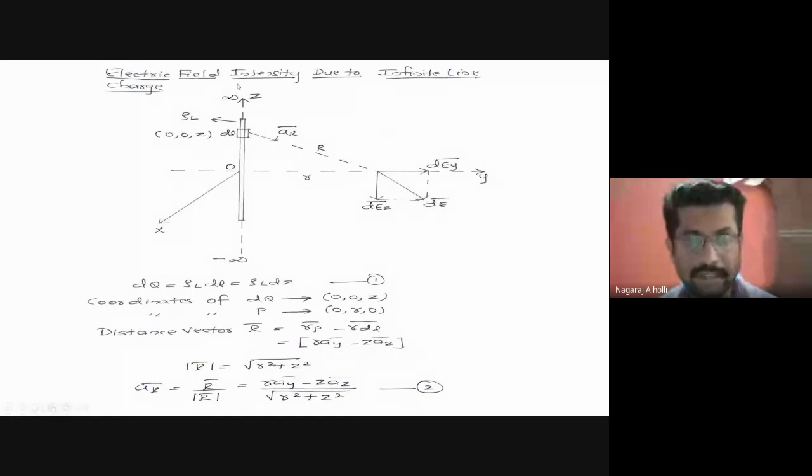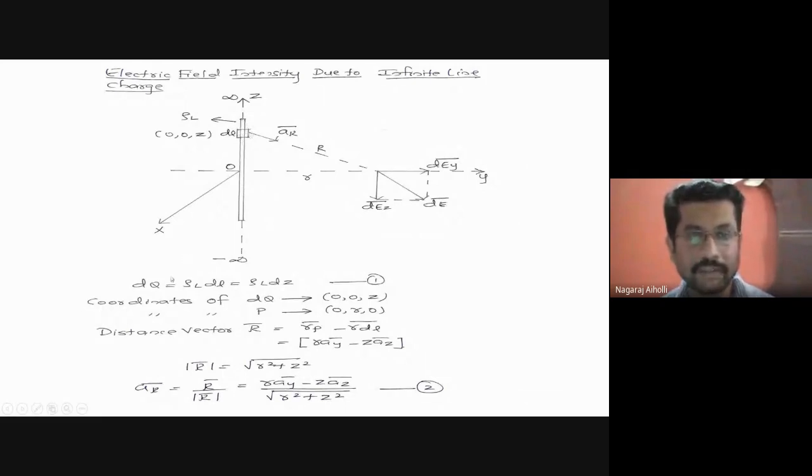Now, if this is the infinite line charge, we are assuming a certain small amount of charge, say dq. dq is the small amount of charge present in the elemental length dl. We are assuming a small portion of the length dl in which the charge present is dq.